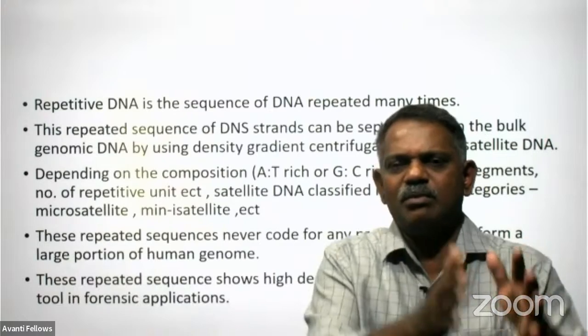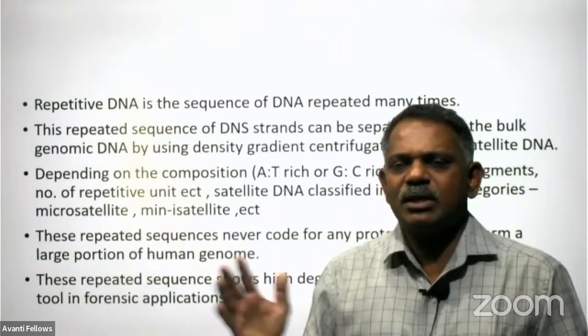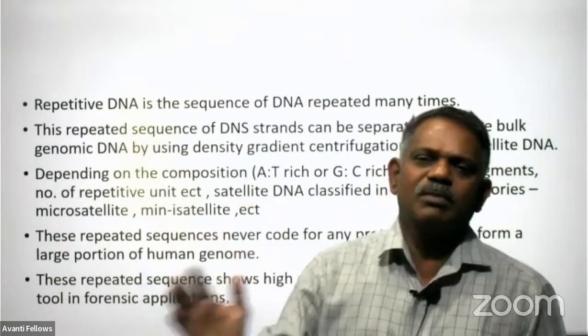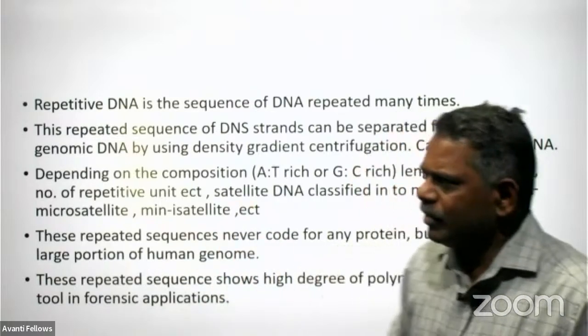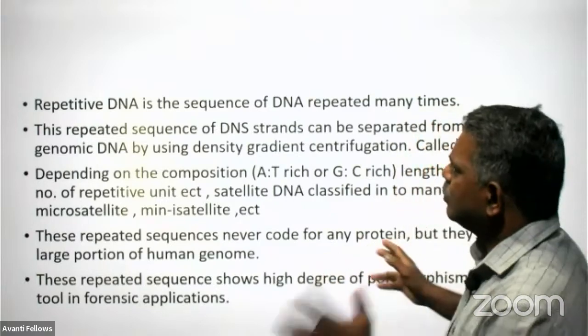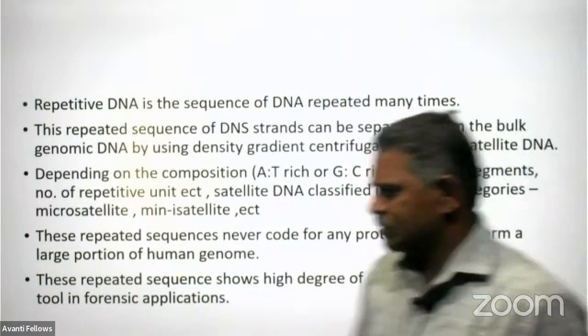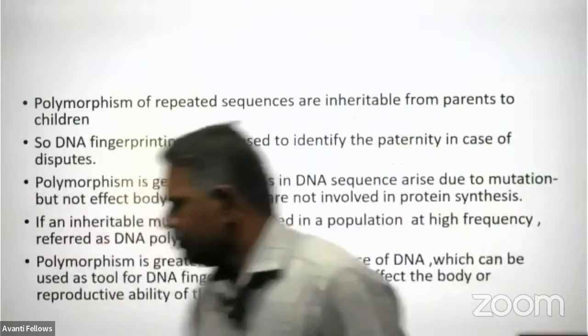That 50% band is exactly present in the child, because 50% of the genetic contribution is from the paternal side only. So we can easily identify the real biological father through this DNA fingerprinting technique, right?